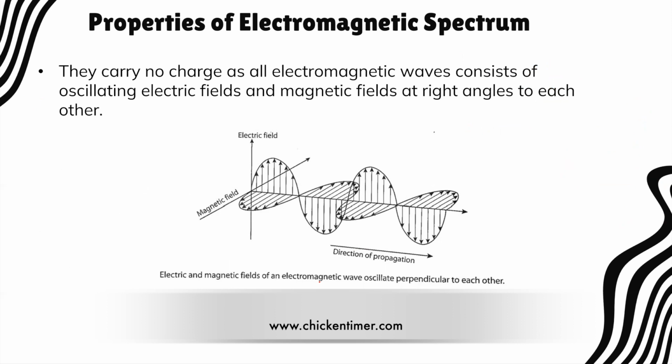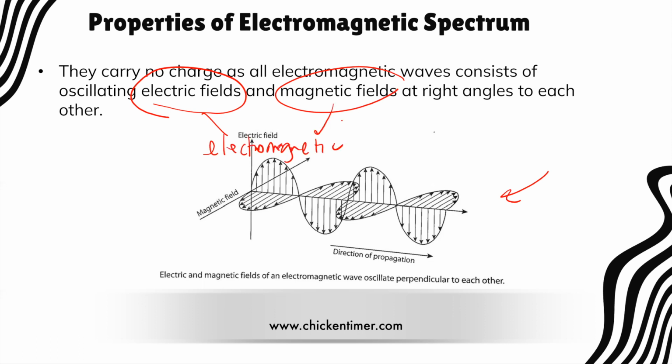And an electromagnetic wave is actually like this. It has two waves overlapping each other: one wave in the electric field and one wave in the magnetic field. That's why you call it the electromagnetic wave, because they travel through electric and magnetic fields. They propagate in the electric field and magnetic field, and they are at right angles.